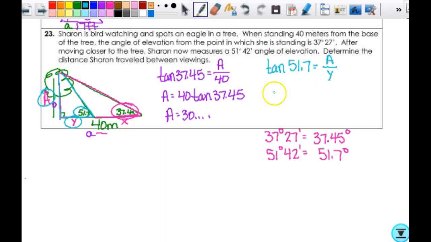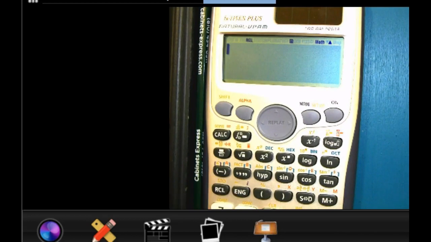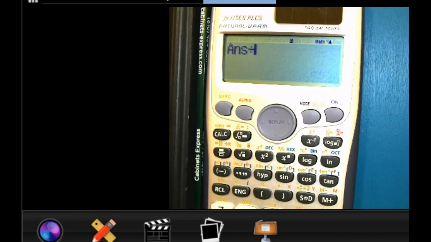I'm looking for y, it's in the denominator, so y is equal to A divided by the tangent of 51.7. And that's exactly what I'm going to type in my calculator. Let's come back over here, and I can do recall A divided by the tangent of 51.7.